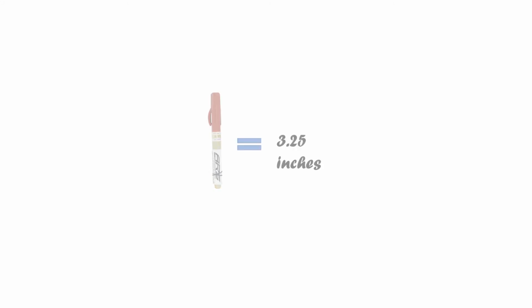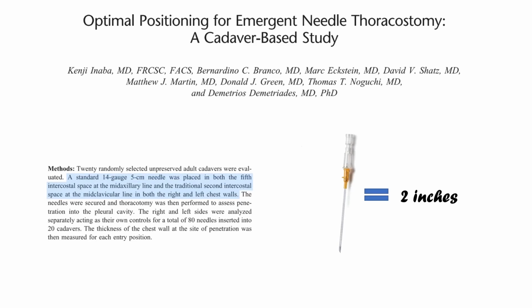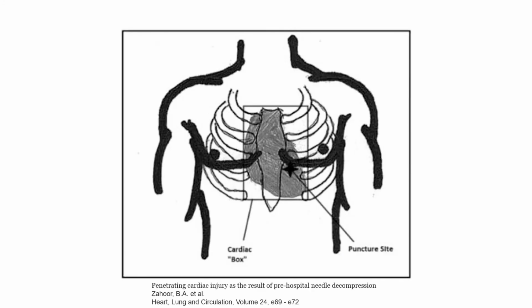And if that is your argument, I will contend that most of the studies that I am referencing do look at a 14 gauge 5 centimeter needle, which is about 2 inches long, at the second intercostal space. But there's another issue with inserting a needle at the second intercostal space, and the problem is that there's a lot of bad stuff there.